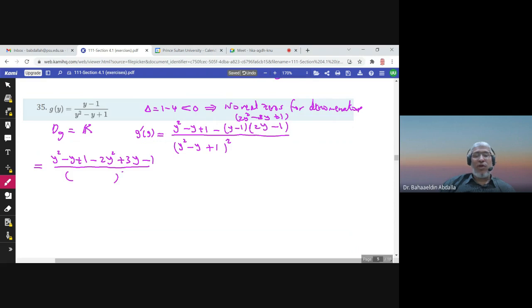which means that g prime of y would be y squared minus 2y squared is negative y squared minus y plus 3y plus 2y, and 1 cancels with -1 over all of this, y squared minus y plus 1 to the power 2.